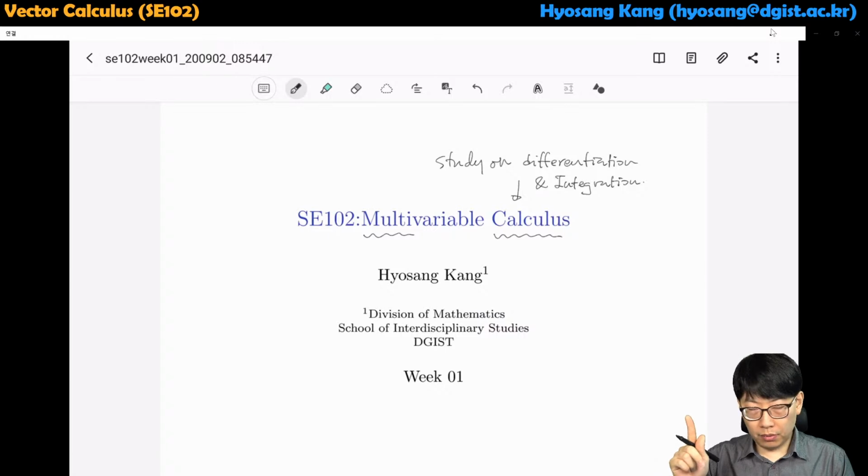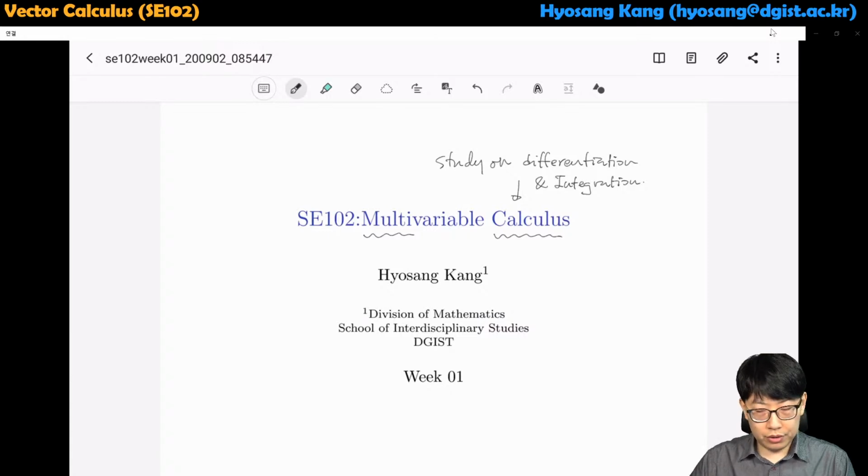This semester, in multivariable calculus, we are going to study differentiation and integration on multivariable functions. A multivariable function contains several independent variables, or possibly also several dependent variables.